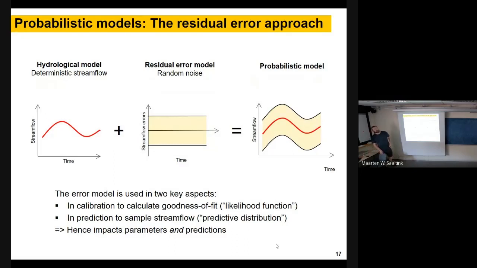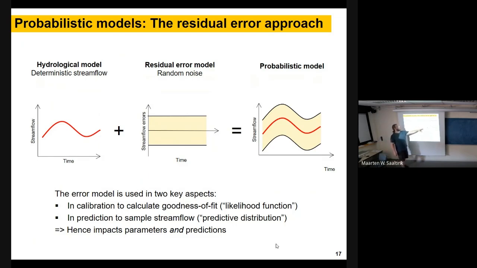So when we talk about the residual error approach, and again here, following Jesus' recommendation, I want to start at a fairly basic level. How do we construct a probabilistic prediction using residual errors? Well, one way to do that is to start with our deterministic hydrological model. For example, this might be the streamflow over time. Here I'm plotting it as a curve, but generally it might be a time series.